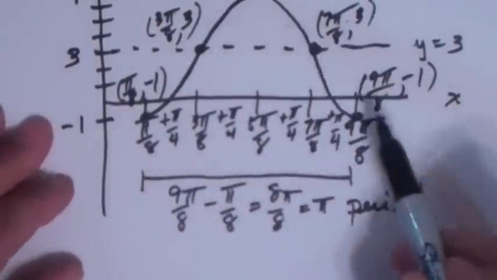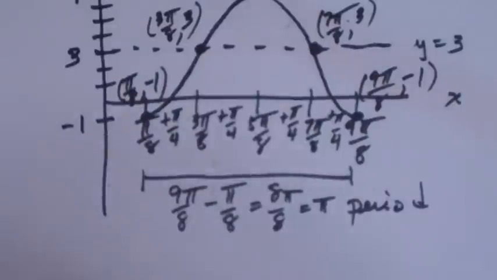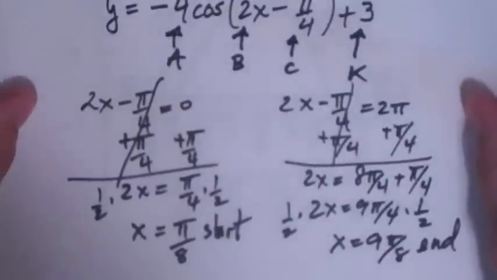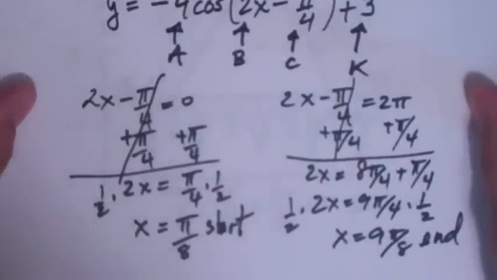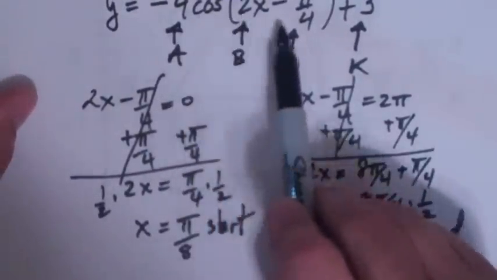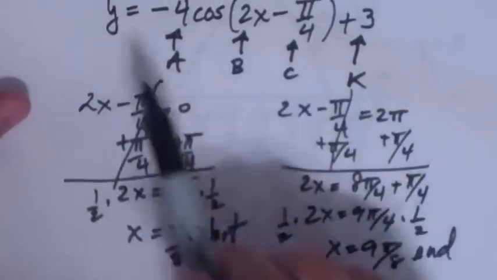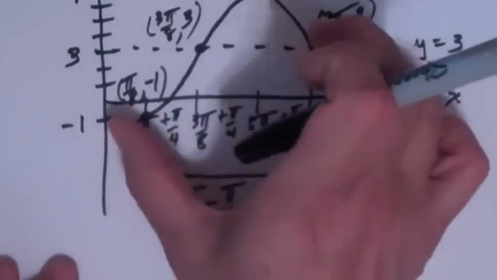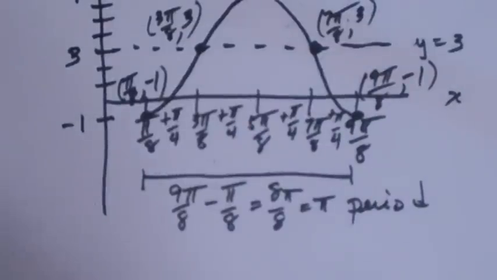So this is your basic shape for this particular equation, y equals negative 4 cosine of 2x minus pi over 4, plus 3. This is your basic shape. And from here, you can think of a little rubber stamp. You just keep stamping it over and over, and you'll get the wave infinitely.